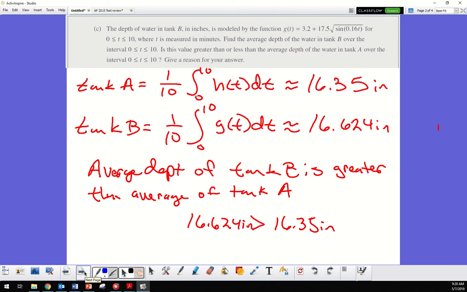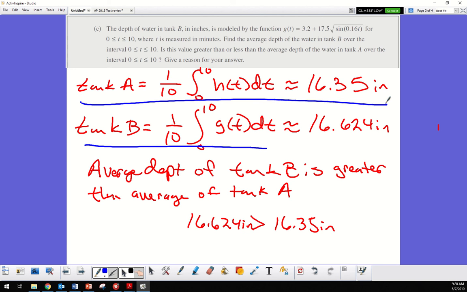For this one, we have our integrals, and I think it's 1 point for all of this, because you already had this basically.